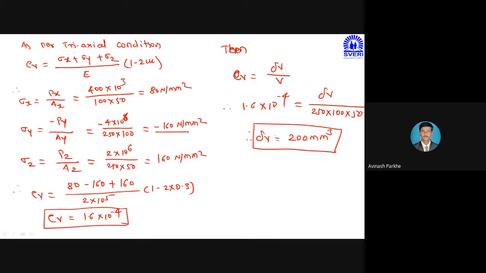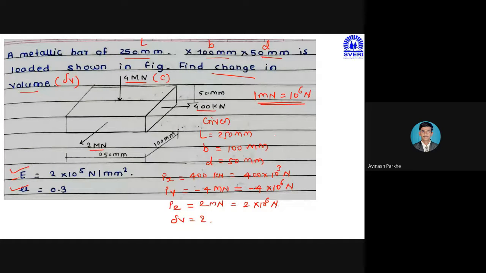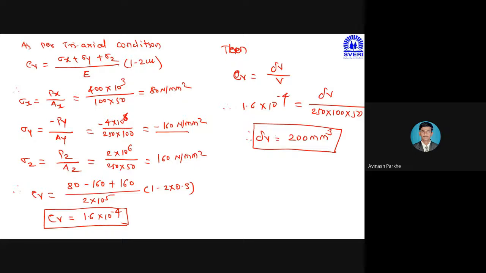So those who have not solved this particular problem, try to solve it. The statement is in front of you. Initially, you have to focus on the number of loads and their directions. So I hope everyone has calculated. 200 mm cube is the correct answer.